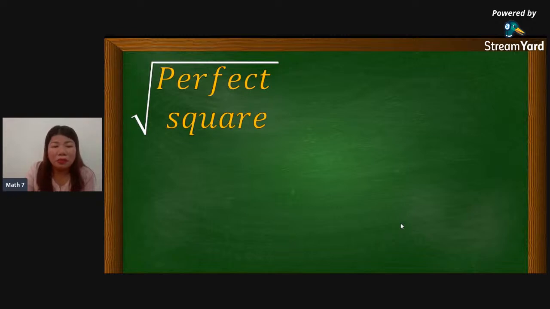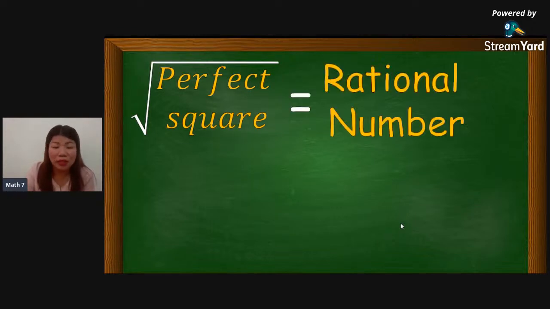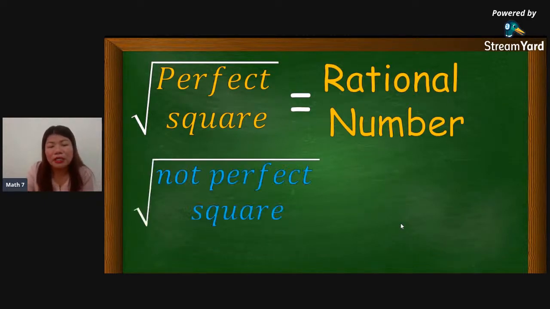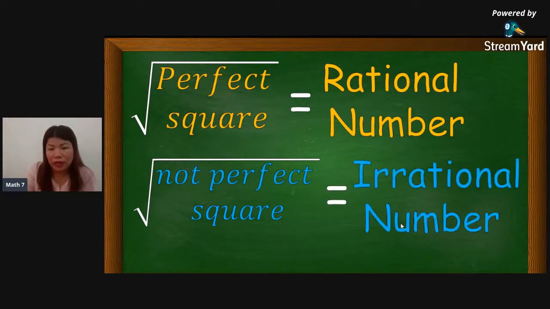Next, always remember, square root of perfect square is always a rational number. So, ibig sabihin, pwede siyang i-express as quotient of two integers. Kapag naman square root of not perfect square, we call that as irrational. Kapag irrational ang number, ang magiging principal root niyan ay non-terminating or non-repeating decimal.